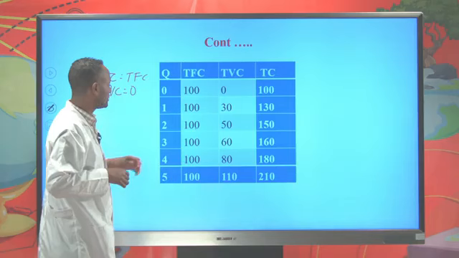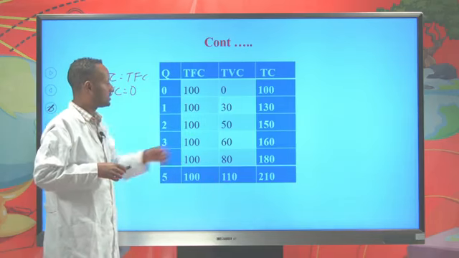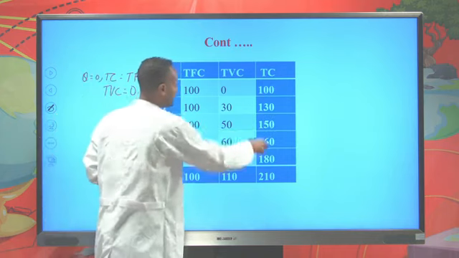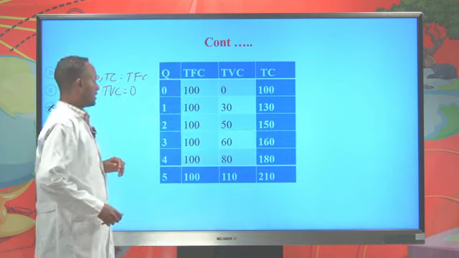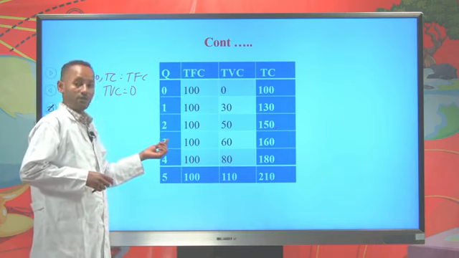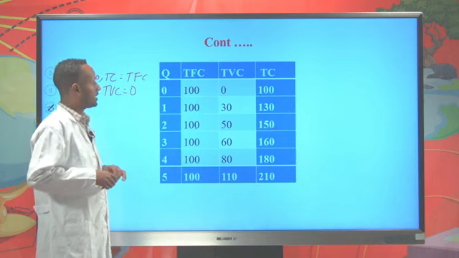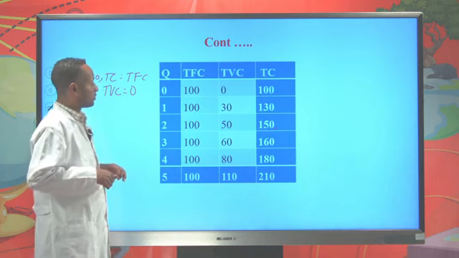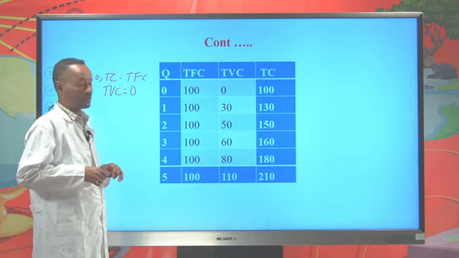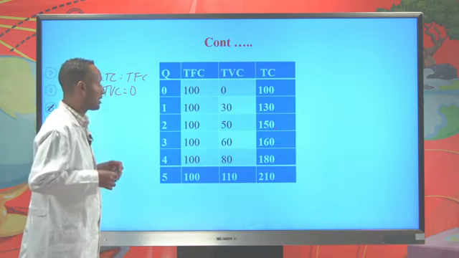If the total fixed cost of producing 2 units of a commodity is 100 birr and the total variable cost of production of 2 units is 50 birr, then the total cost of production is 150 birr. And if the total fixed cost of producing 3 units is 100 birr and the total variable cost is 60 birr, then the total cost of production will be 160 birr.